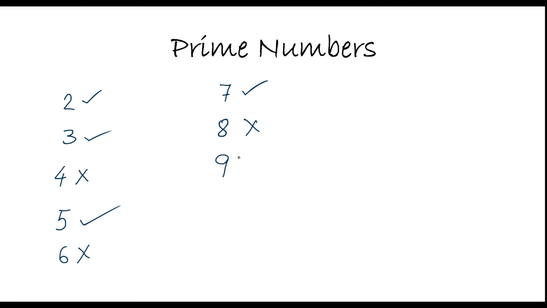So it cannot be a prime number. That means all the odd numbers are not prime numbers. Next we have 10. And 10 can be divided by 1, 10 and 5 and 2. So it is not a prime number.